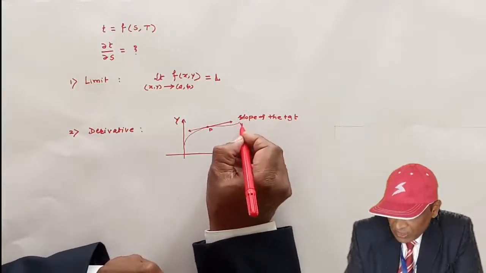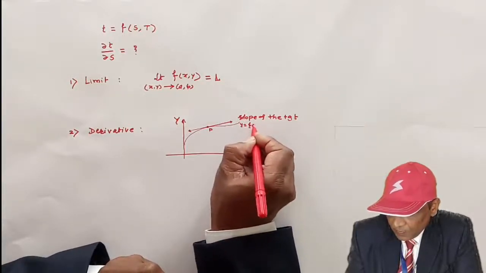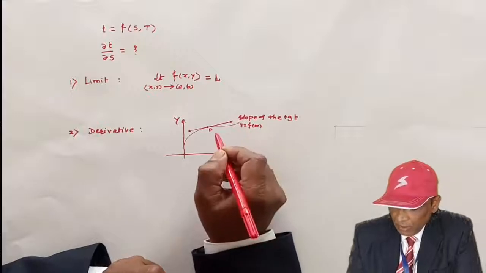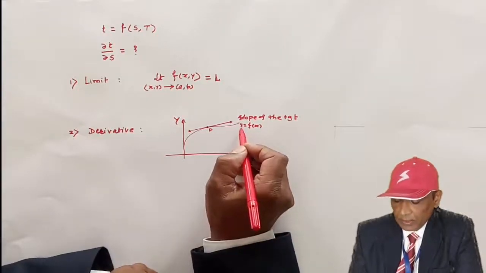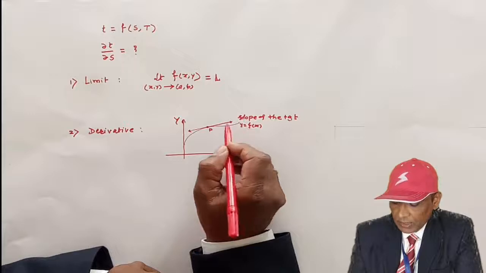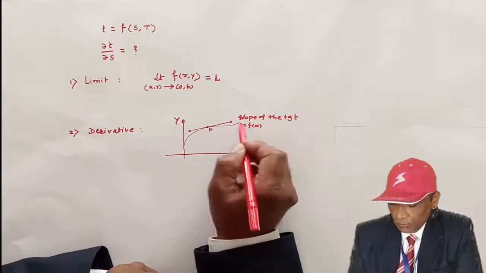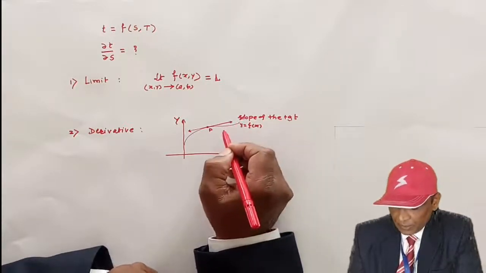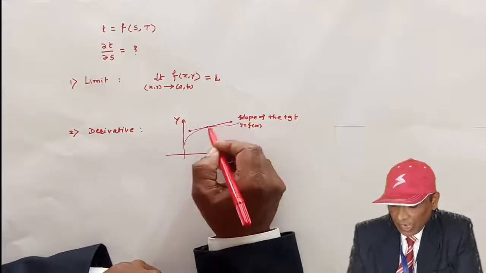Suppose y is equal to f(x) is a function. The derivative of y is the slope of the tangent. The slope of the tangent is represented by the derivative of this curve at this point.